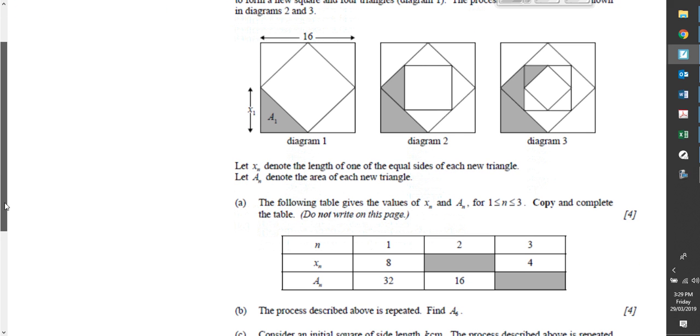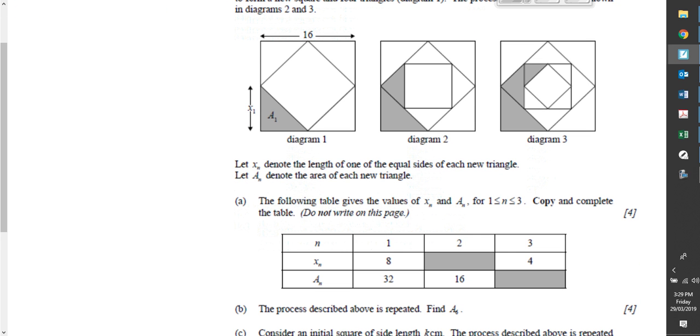Okay, and our first part of our question has been to fill in this table here. So we've got xn, we've got an. Xn represents the length of the sides which are created when we insert another square inside of the greater square here. So here we've got one square inside, so the xn represents the length of the side of the triangle that it creates.